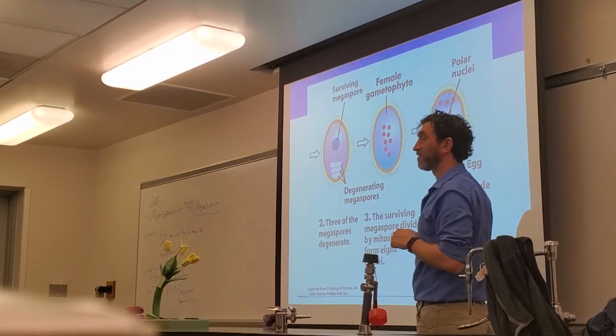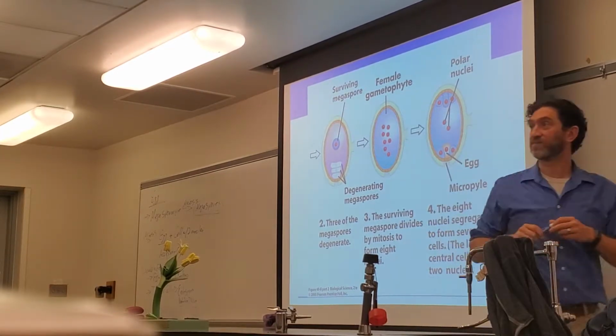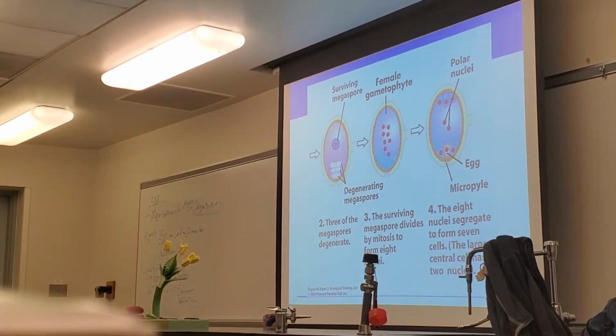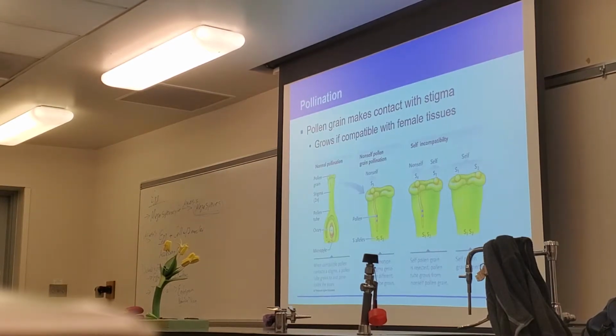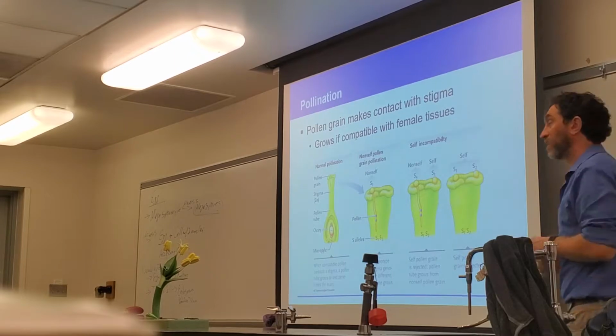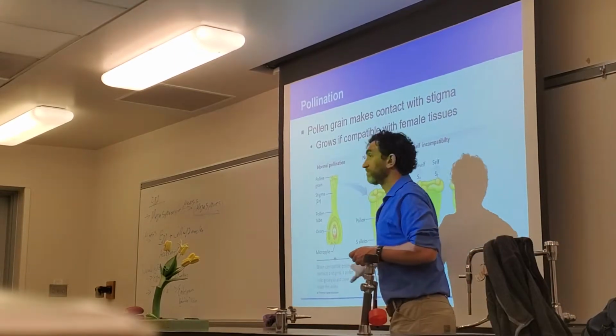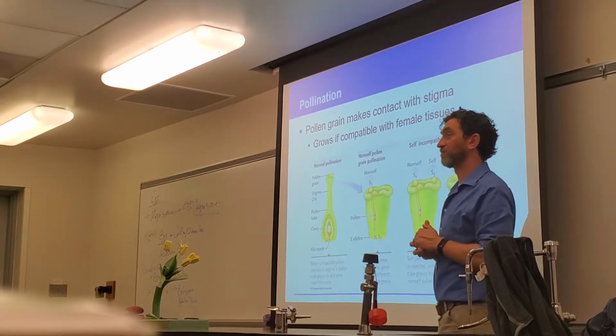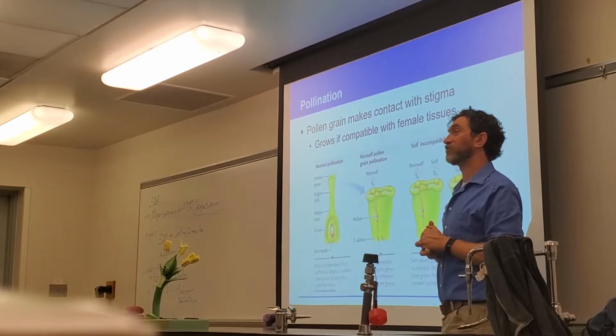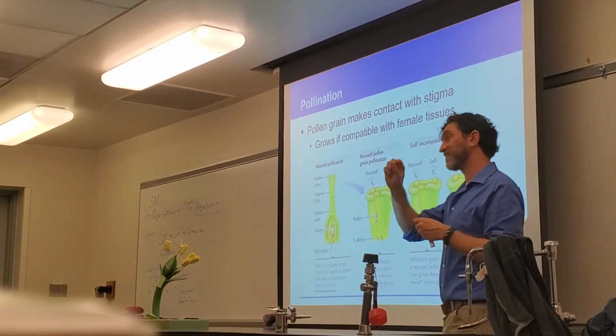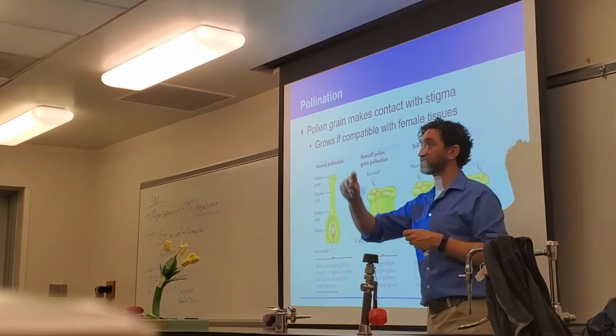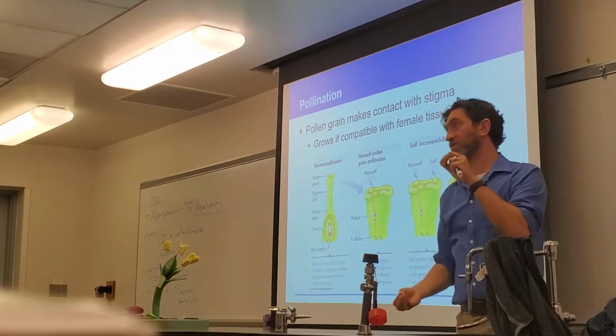And I have another question. Can you go to the slide where the tube is? So who's forming the tube? The pollen itself grows. It germinates, it gets a signal from the stigma that says you're good to go, and it starts to grow.